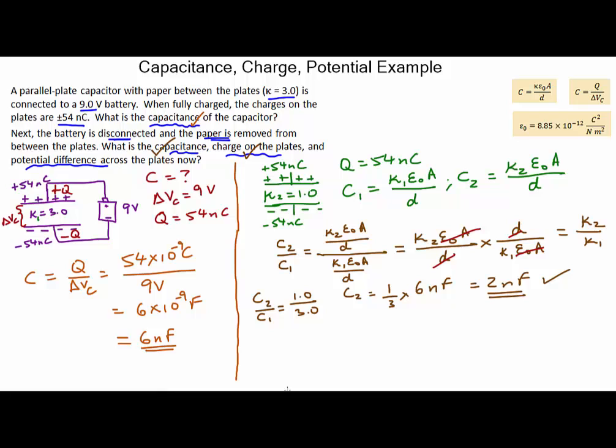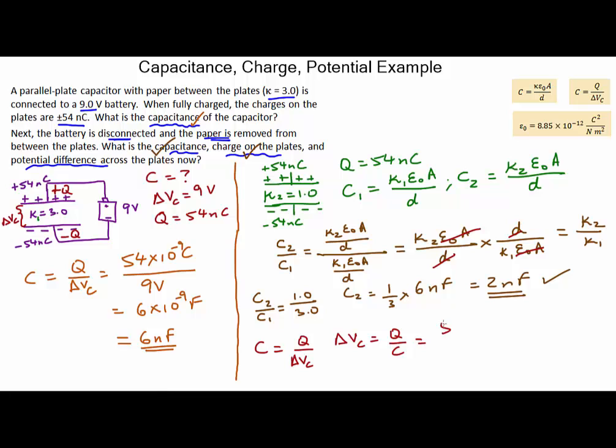So my last thing was to figure out the potential difference across the plates in this new situation. Well, I can go back to this second relationship over here, which tells me that C equals Q over delta VC. And when I rearrange this, I can say delta VC equals Q divided by C. And I know both of these.